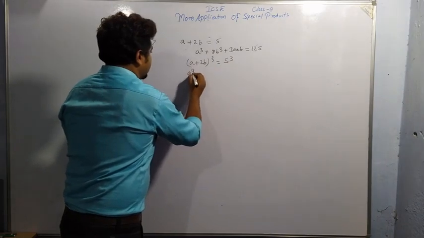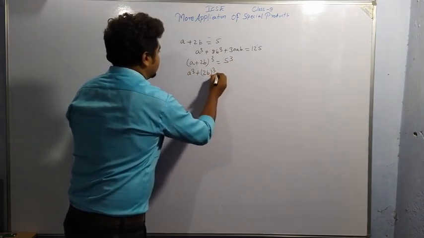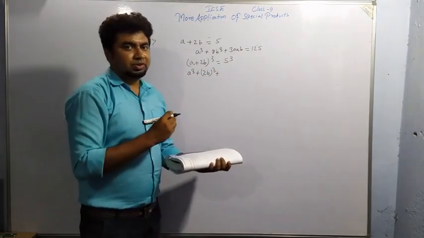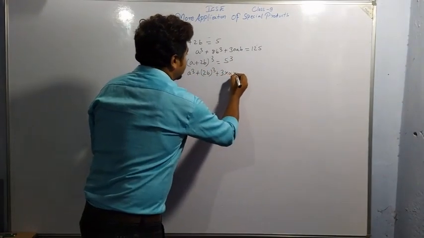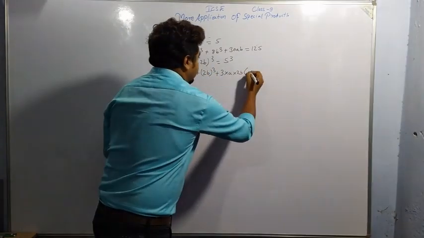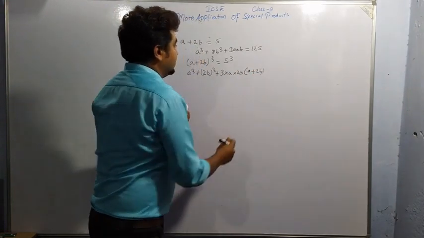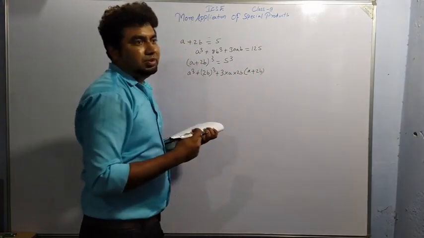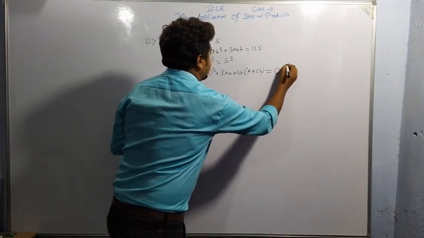So as we know the formula, a cube plus (2b) cube plus 3 into a into 2b, and in the bracket a plus 2b. That is, a plus b whole cube is a cube plus b cube plus 3ab times (a plus b). And 5 cube.